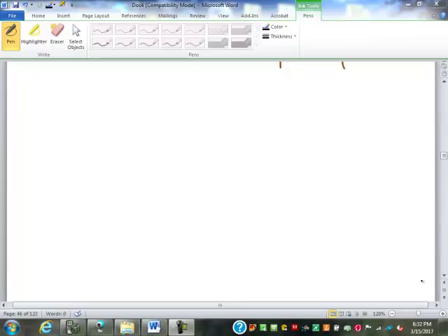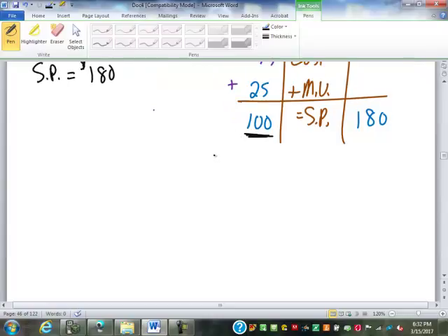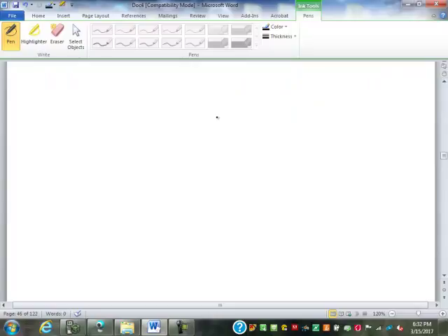Okay, so we just introduced this idea of the 100% being on the selling price. So let's now go through and do some sample problems where the 100% is on the selling price. So let's say I give you that the selling price is $180.